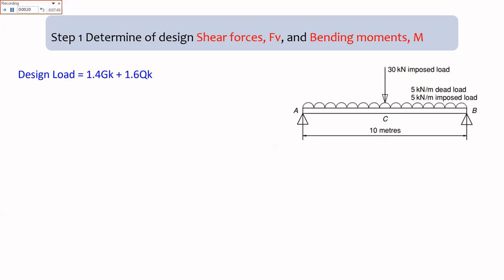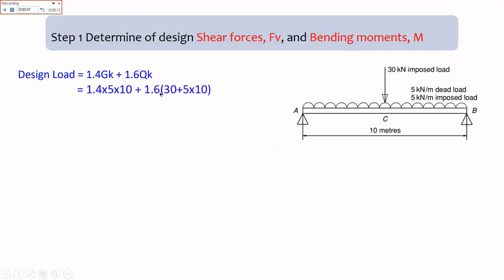Gk is the dead load, and Qk is the imposed load, also known as the live load. So you get 1.4 times 5. 5 is the dead load. We only have one dead load. That is the UDL, the one I'm pointing at with my mouse.